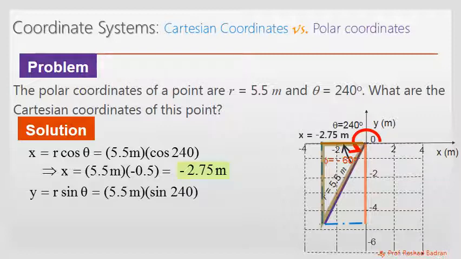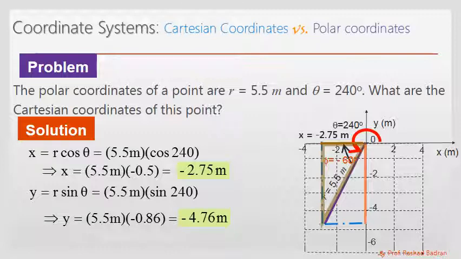For the y coordinate, r sine theta, where r is 5.5 meters again, and sine theta, where theta is the angle taken counterclockwise from the positive x-axis. Again, this theta is equivalent to the angle minus 60 in the third quadrant.